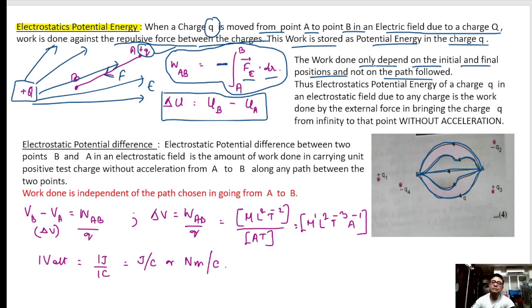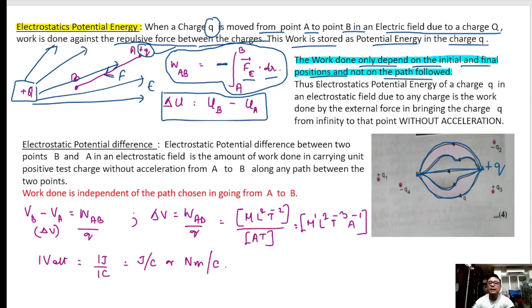Okay, you can bring the charge plus Q from any path from A to B. So work done will not depend on the path. Please note this, the work done depends only on the initial and final positions and not on the path followed. Okay, very important point.